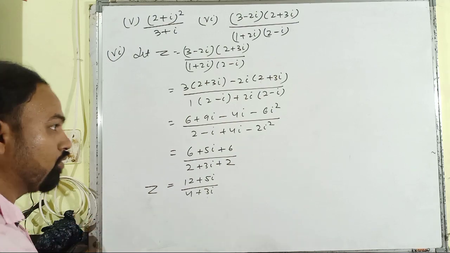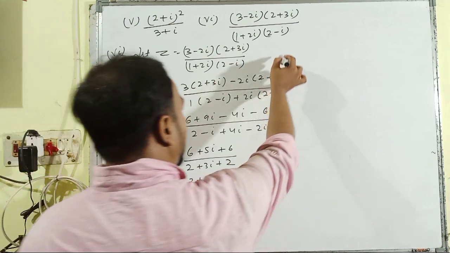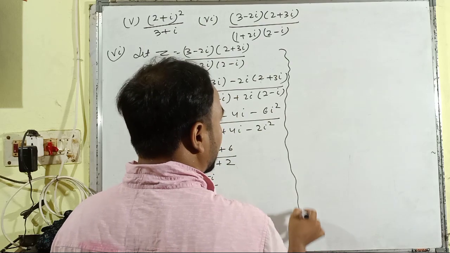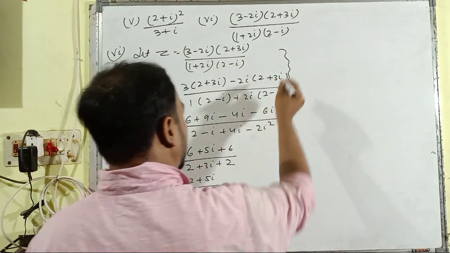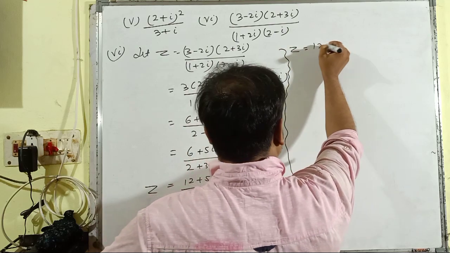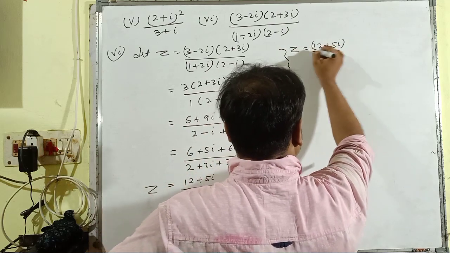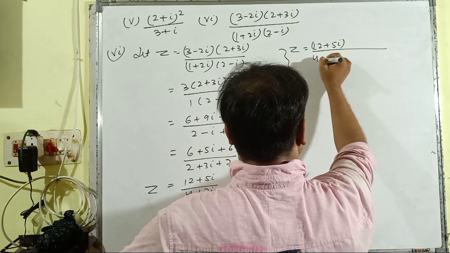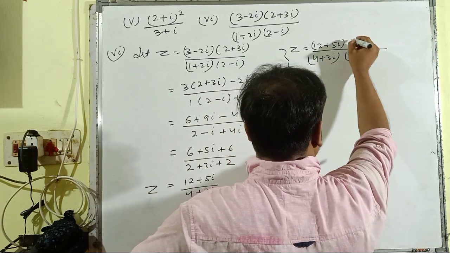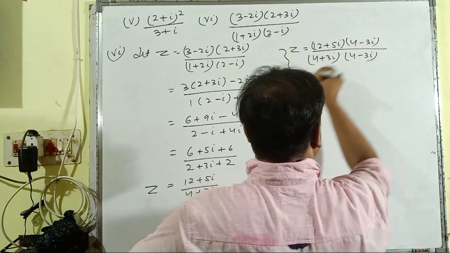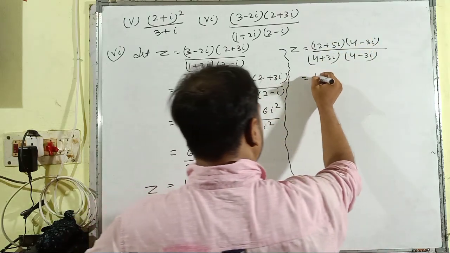Now from here we can convert this complex number into the rationalization form and also the a plus ib form. So z is equal to (12 plus 5i) divided by (4 plus 3i), and we have to multiply the conjugate of the denominator in both the numerator and the denominator.